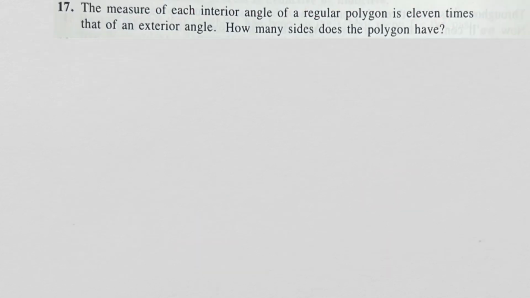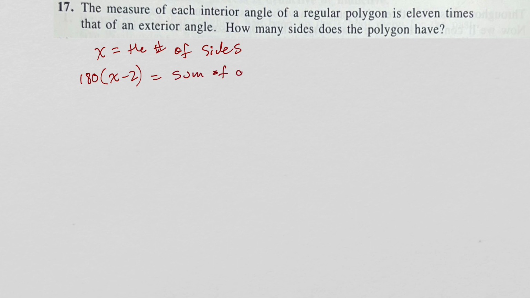Okay, this is a little confusing, so let's break it down. I'm going to start by saying x equals the number of sides. Then 180 times (x − 2) is equal to the sum of all interior angles. If there are x sides, there are x angles, so 180 times (x − 2) divided by x is the measure of each angle.